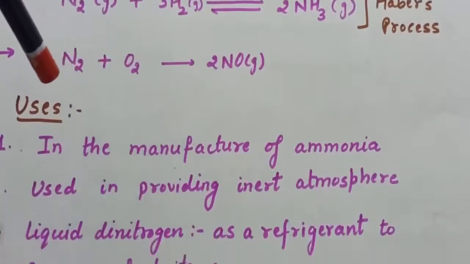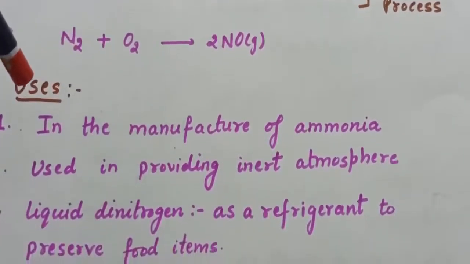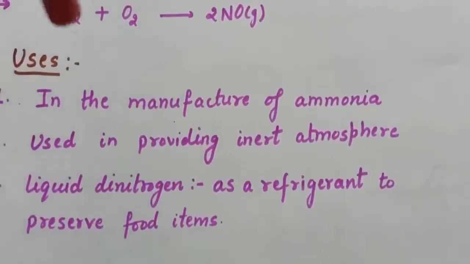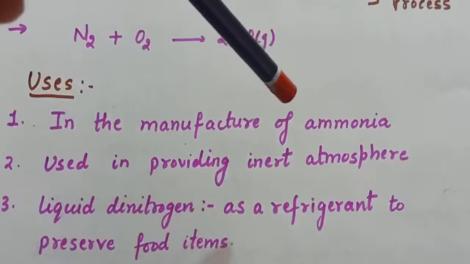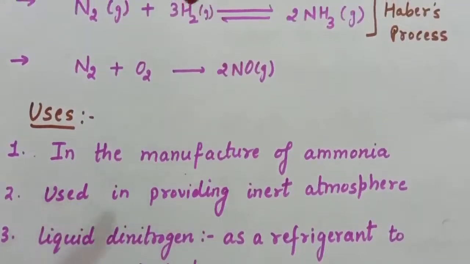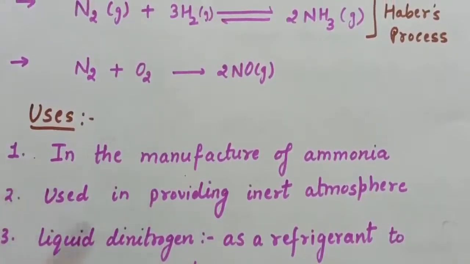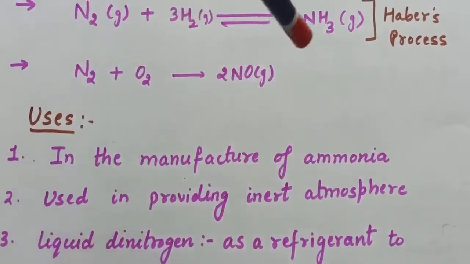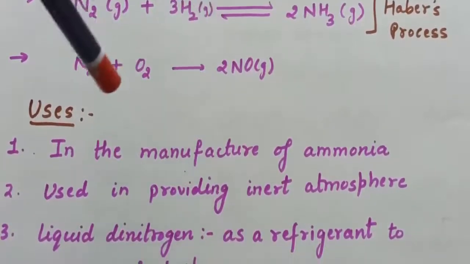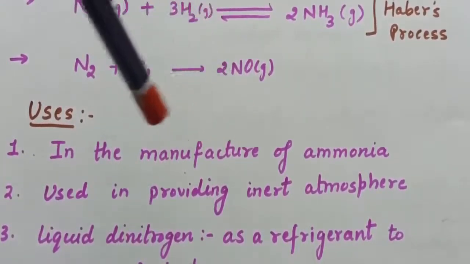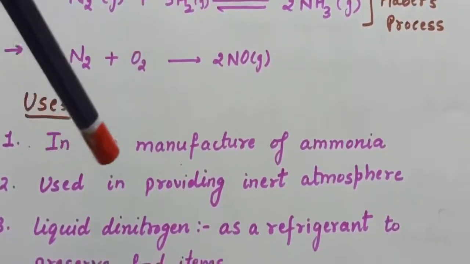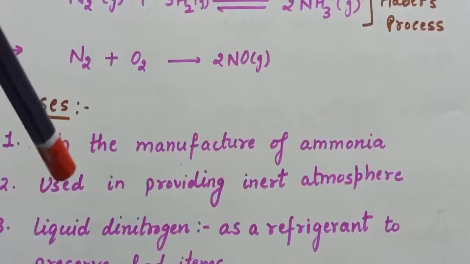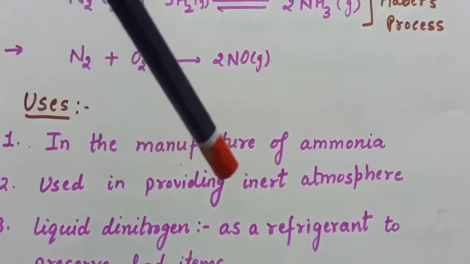Now next is, what are the uses of dinitrogen? So first use is, it is used in the manufacture of ammonia. Just as we have discussed above that when nitrogen combines with hydrogen, ammonia will form. That is, in the production of ammonia, nitrogen gas is used. Second use is it is also used in providing the inert atmosphere.